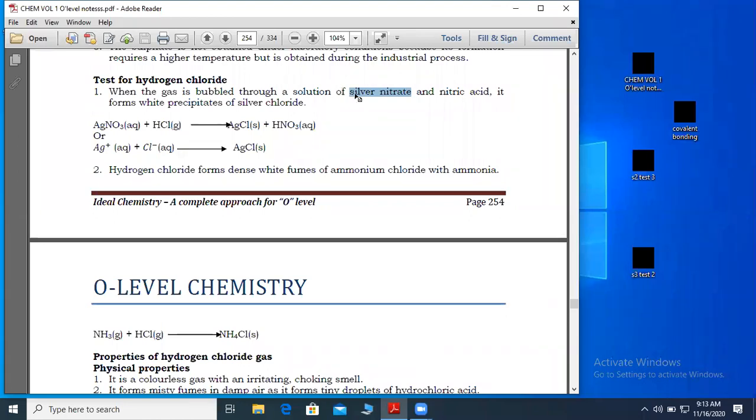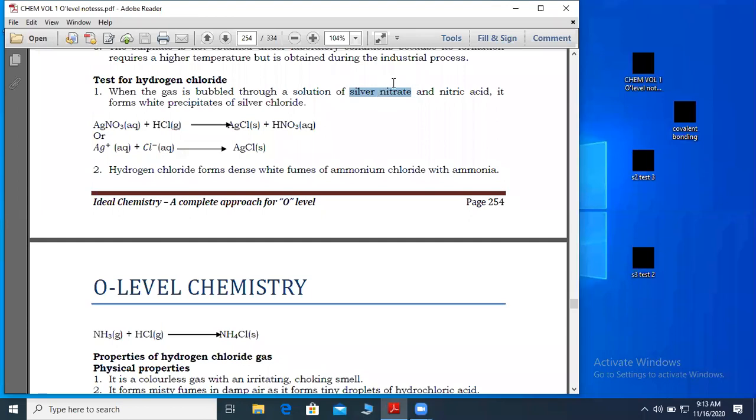Silver nitrate solution, not just silver nitrate, because in the lab, silver nitrate appears as a solid. So that's why we endeavor to say silver nitrate solution. We get silver nitrate solution after dissolving silver nitrate in water.